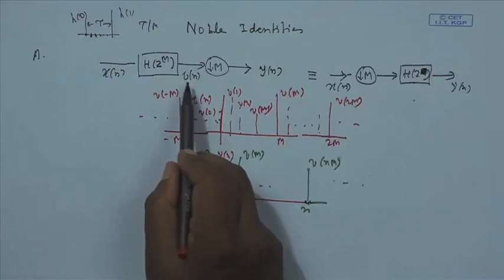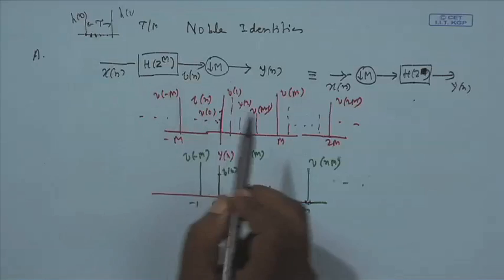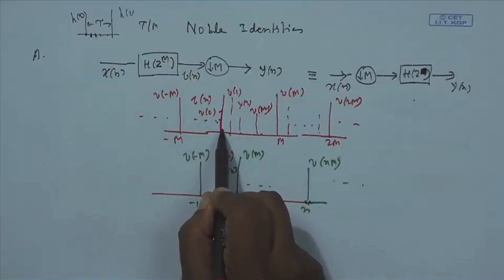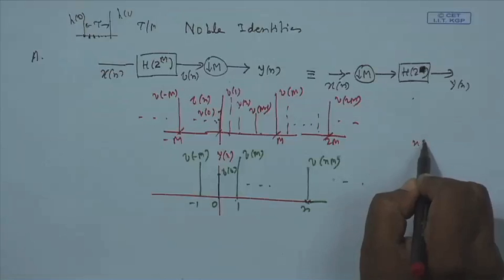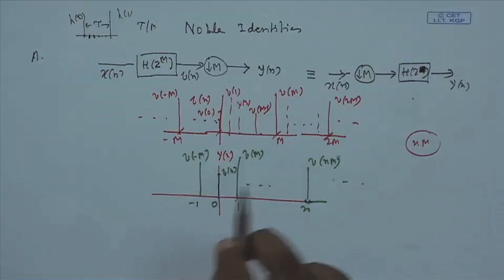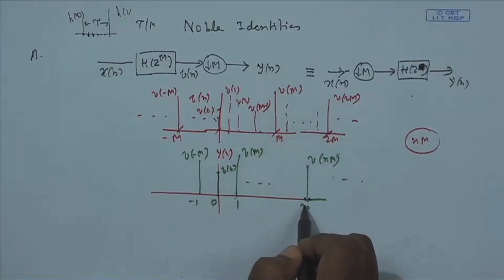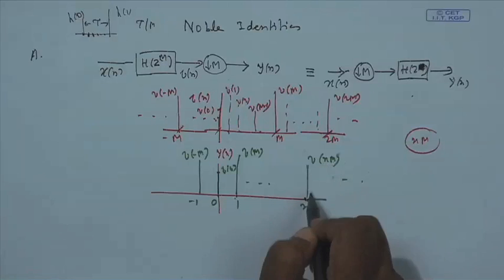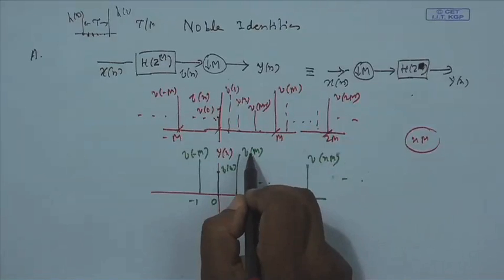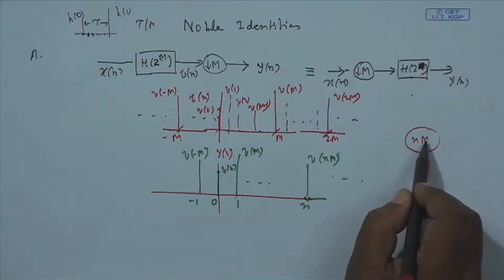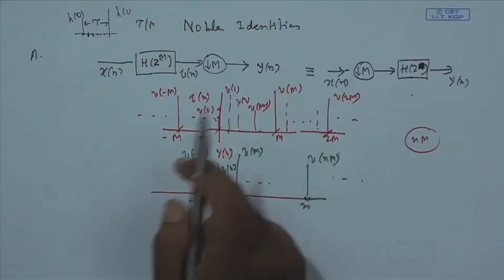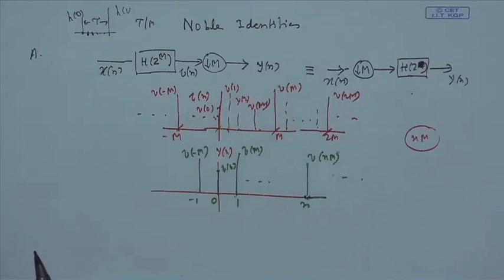Right. Remember, out of v n, I am not interested in all these points. I am only interested in either here or here or here or here. That is nMth points. Okay. Because the nMth sample becomes the nth sample. 1 into Mth becomes first, 2 into Mth becomes second, like that. So, that is why n into M is important for me, because only they come in the y n sequence, right.